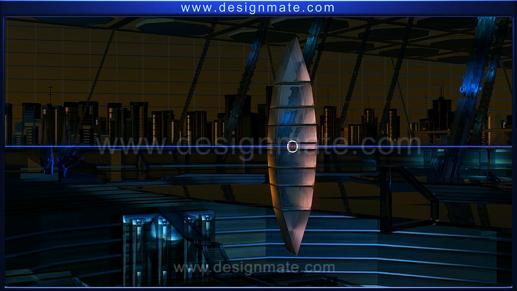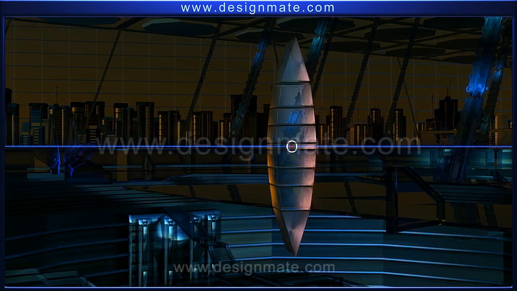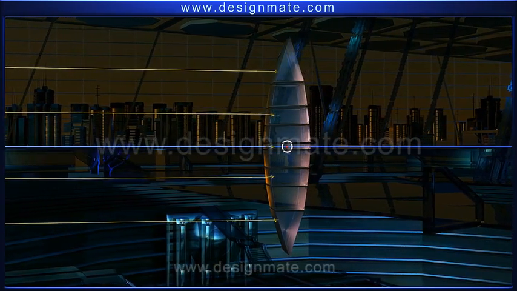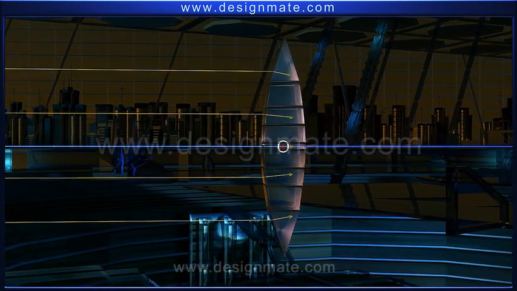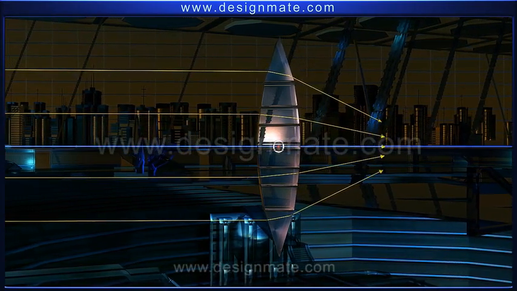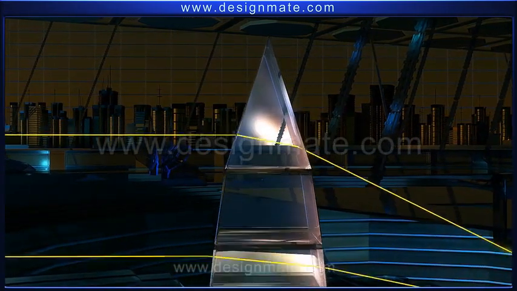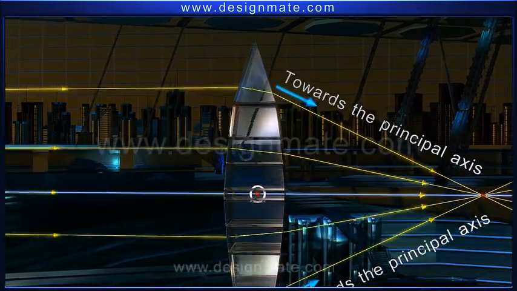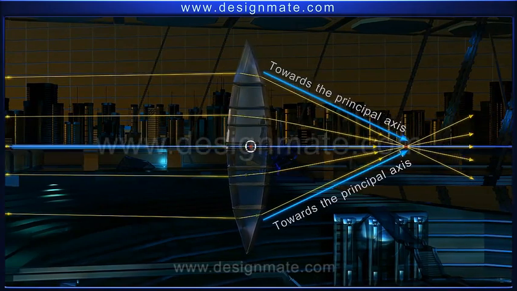Now, let us see what happens when a beam of light parallel to the principal axis strikes the lens. We can see that these rays undergo refraction as they enter the lens and leave it. First, they bend towards the base of the respective prisms, and then emerge bending towards the principal axis.